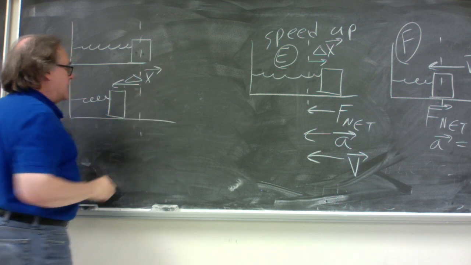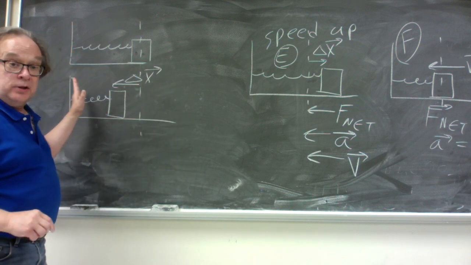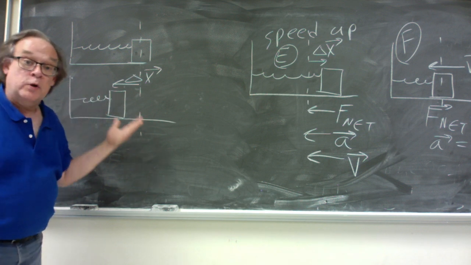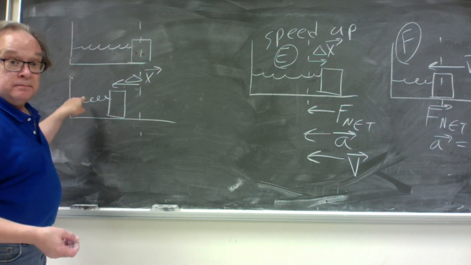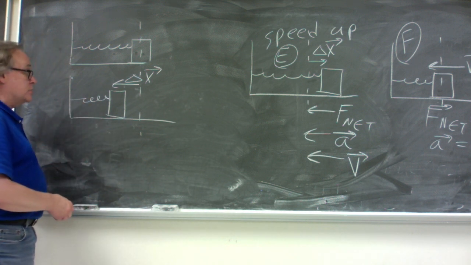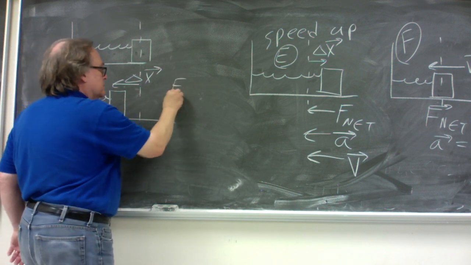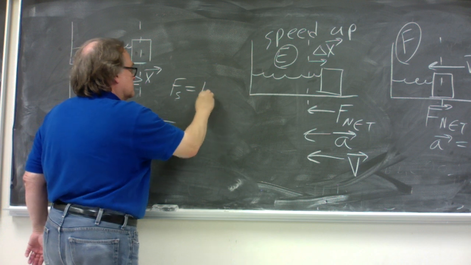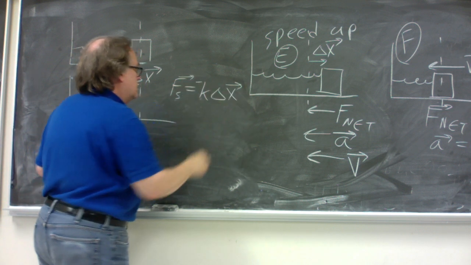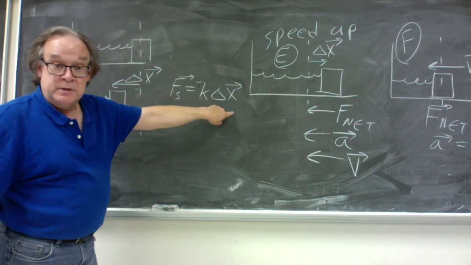So now the mass and the right end of the spring are displaced to the left of equilibrium. So as long as things are displaced away from equilibrium, the spring will be either stretched or squeezed, so there will be a spring force. And as always, the spring force points opposite to the displacement.